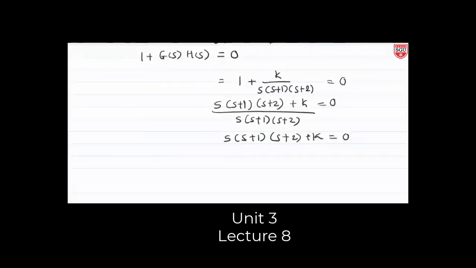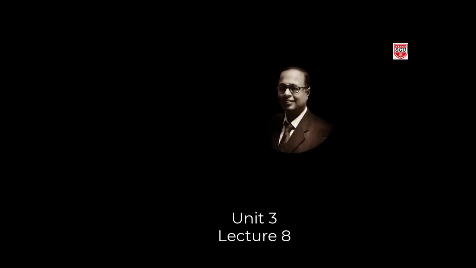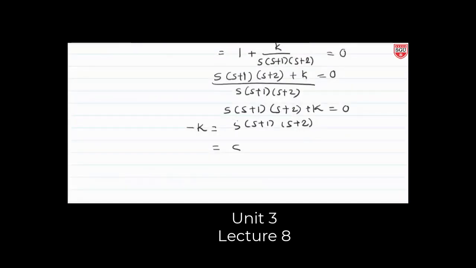I can rewrite the equation because we want to find out k. So minus k is equal to s into s plus 1, s plus 2. Then simplifying by multiplication, we get s into s square plus 3s plus 2. Again multiplying, we get s cube plus 3s square plus 2s, that is minus k.